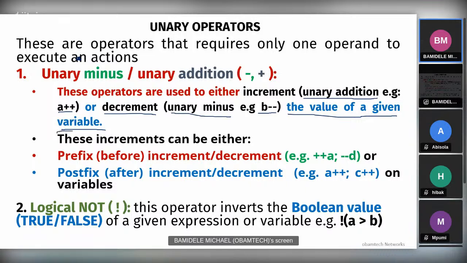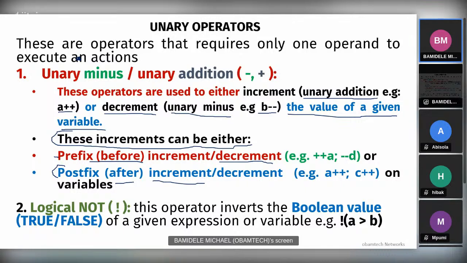Now these can be either prefix increment or decrement, which means they can increase or decrease a particular variable immediately before it is being used. It can also be postfix, that is after increment or decrement. Postfix means after.